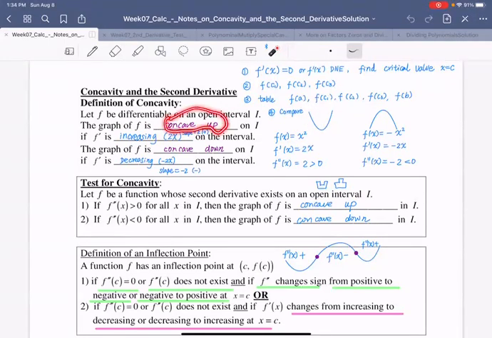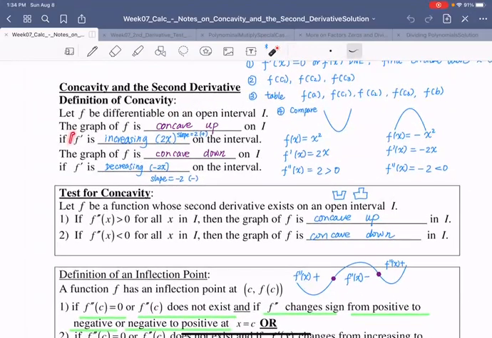Another way to tell if this is concave up, okay? If your first derivative is increasing. So a simple function example: if you take y equals x squared, this has a first derivative of 2x, okay?